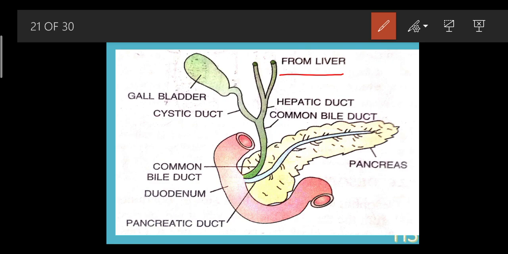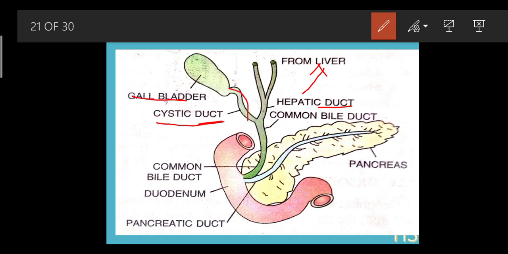If you notice, this is the hepatic duct. The word hepatic means liver only. Duct means a tube structure. And there is one organ called the gallbladder, which is connected with the cystic duct.